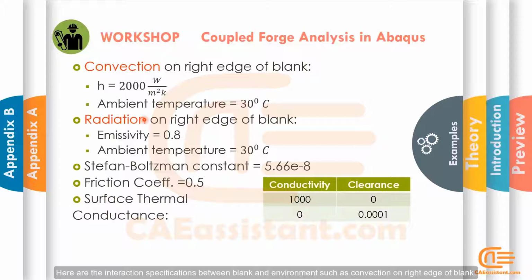Here are the interaction specifications between blank and environment, such as convection on right edge of blank. We also have heat transfer radiation from both sides of the blank, the specifications of which are listed here.